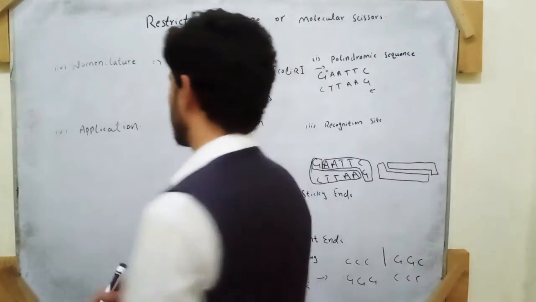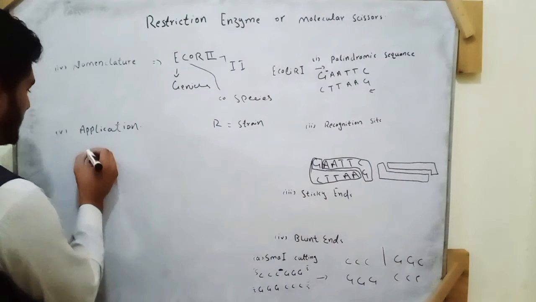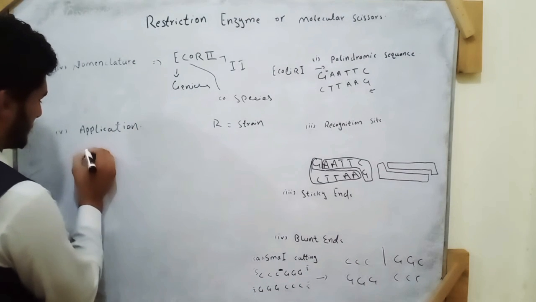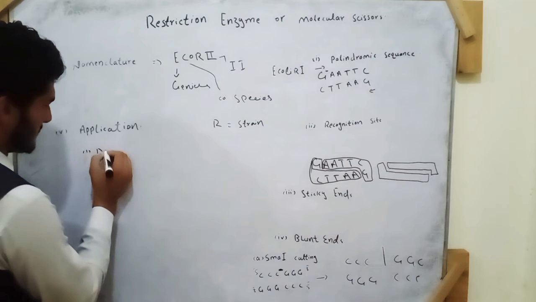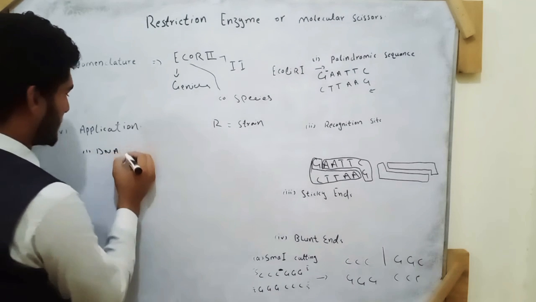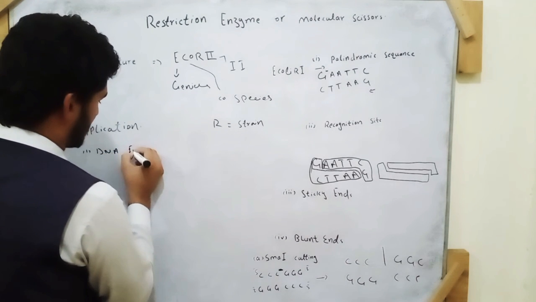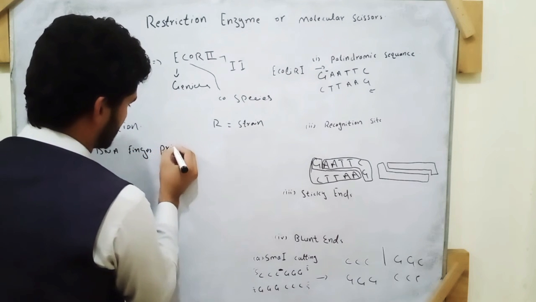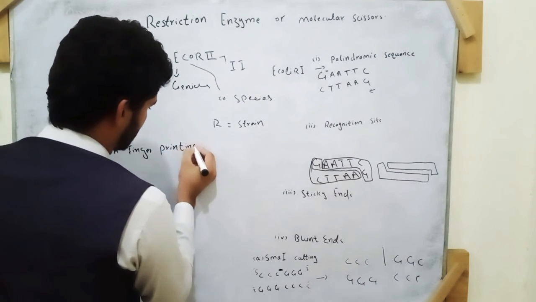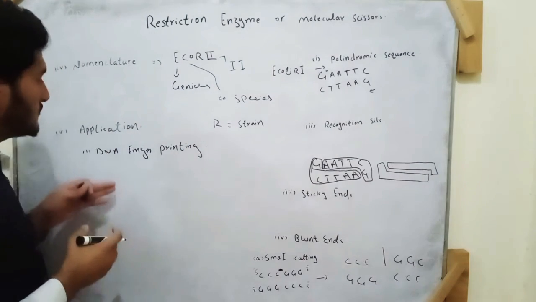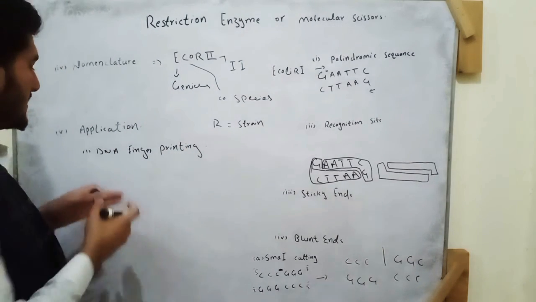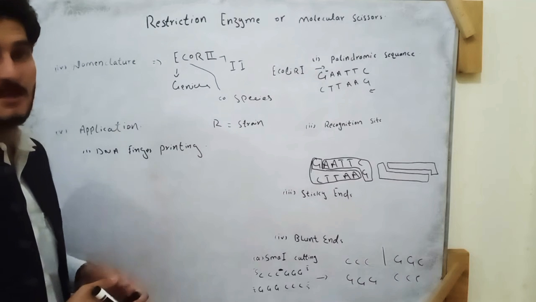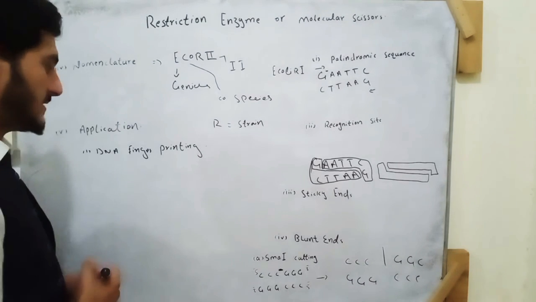The first one is DNA fingerprinting. We use restriction enzymes in the process of DNA fingerprinting.